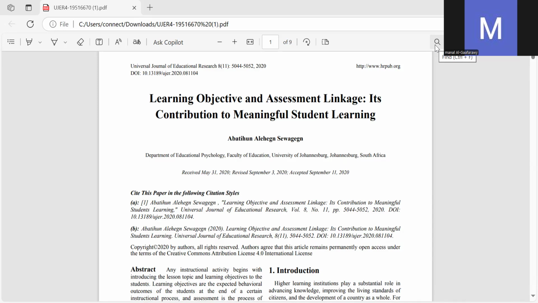This thing is related to Bloom's taxonomy, and as you know, most teachers know only one domain of Bloom's taxonomy, which is the cognitive domain, or the thinking levels. But this is not everything about Bloom's taxonomy.